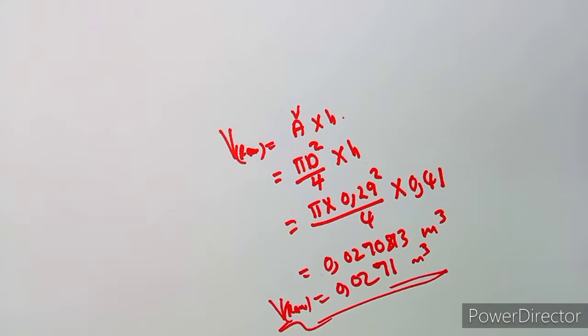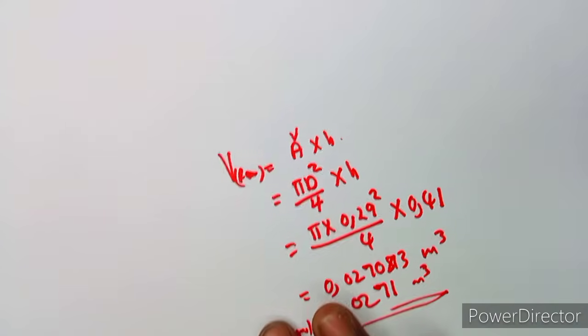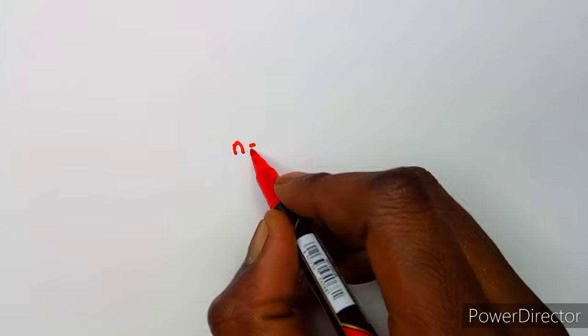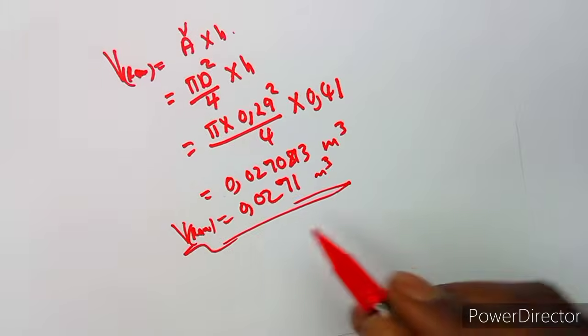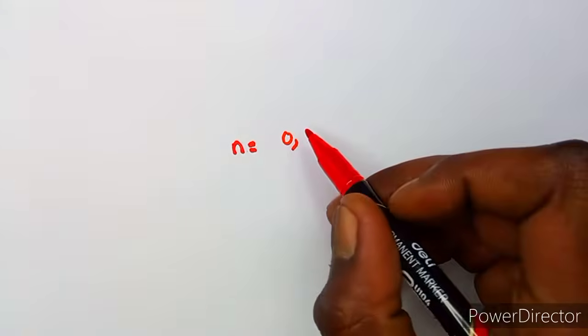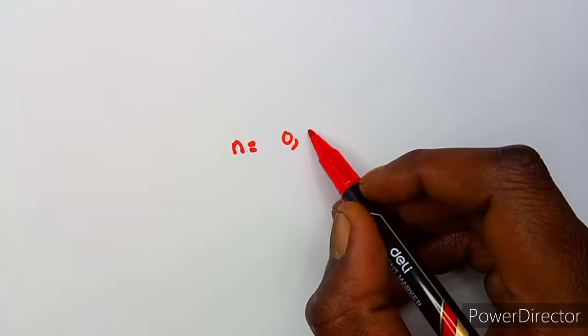All right, so if I am to do this now, I'm going to have the number of pumping strokes. This one I've calculated, and I obtained this here, which is 0. Just use the one that you have obtained there.